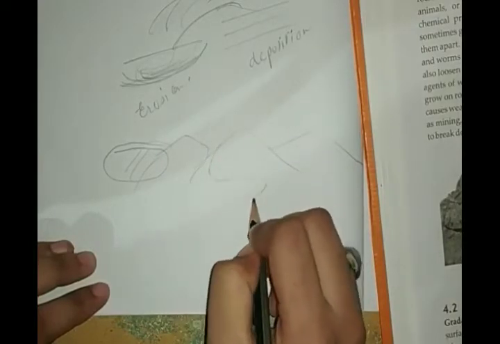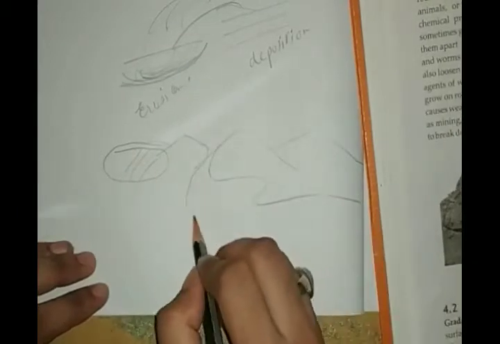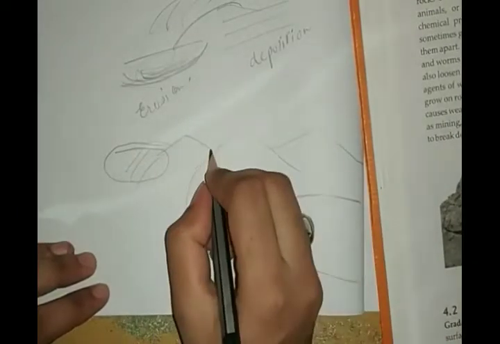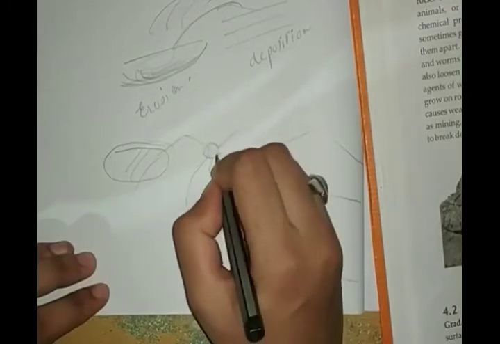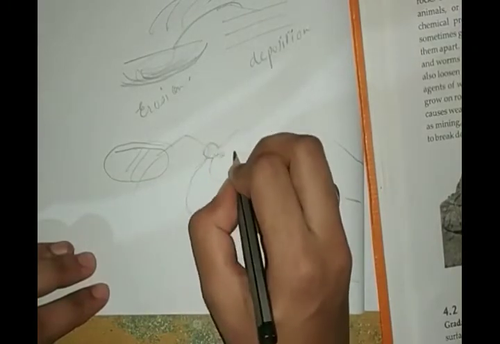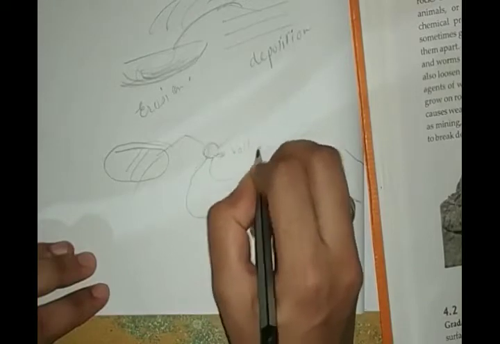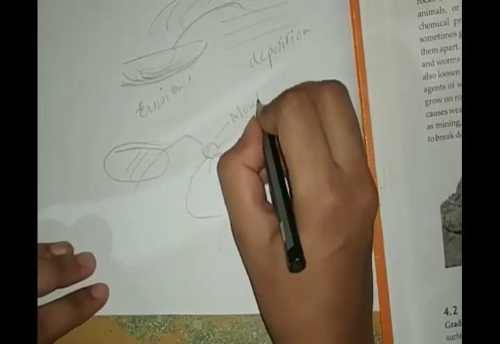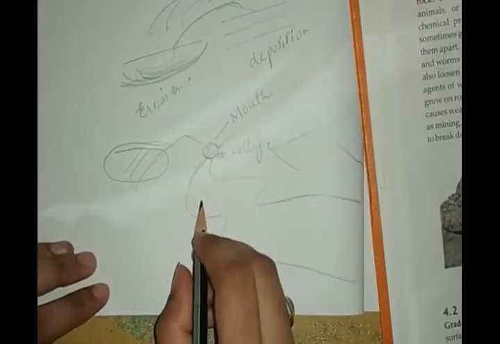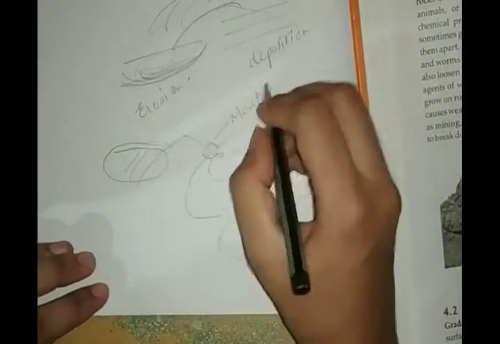As you know, when you make a drawing like this, the river comes out from this place. So what is this place known as? This is known as a valley. Yes or no? Oh, sorry, this is the source.